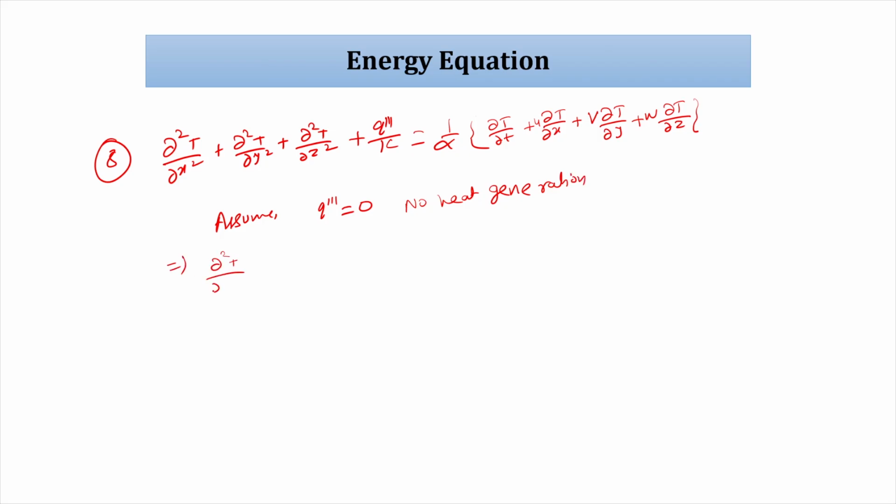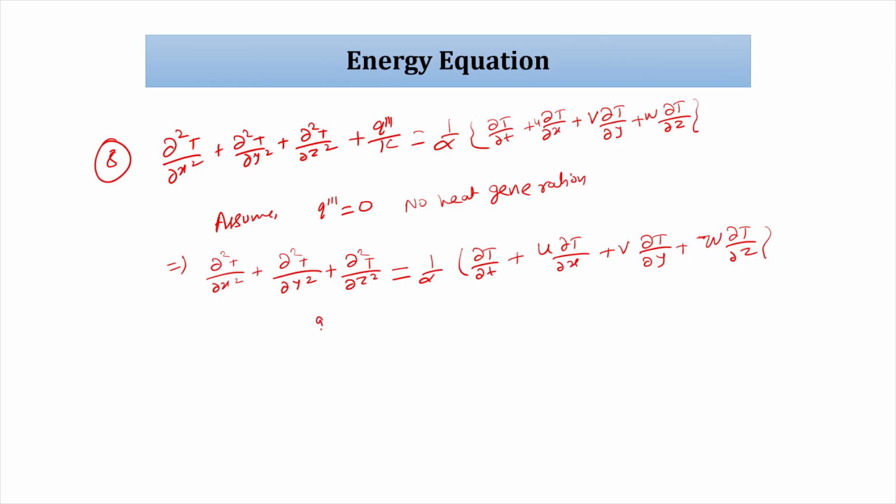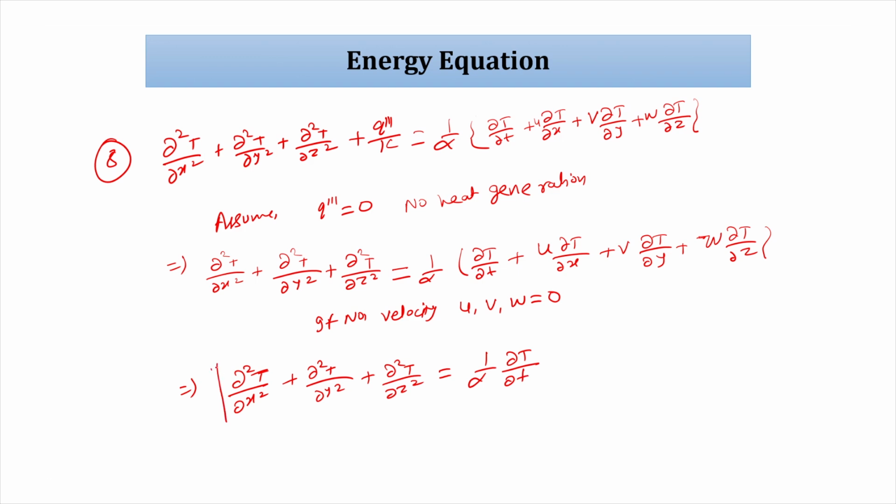Then if no velocity u, v, then, T is a function of x, y, z, that is why we are writing a partial differential equation.